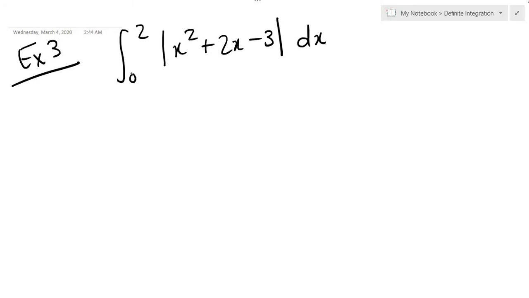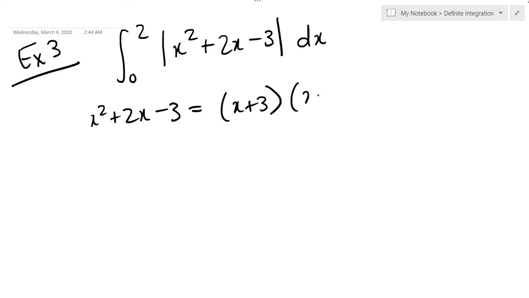Now since there's an absolute value, we actually need to profile this function which is inside the absolute value. So we need to know when it's positive, we need to know when it's negative. So one way of doing that is to factorize it. So since it's a quadratic, it should have two factors.